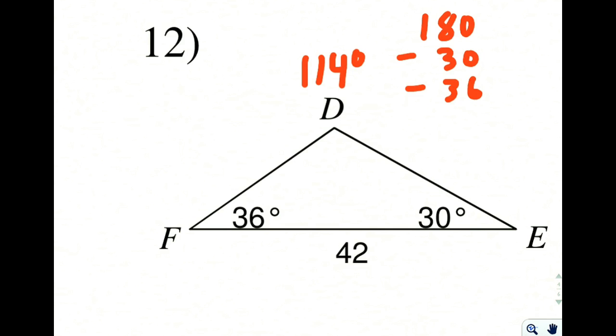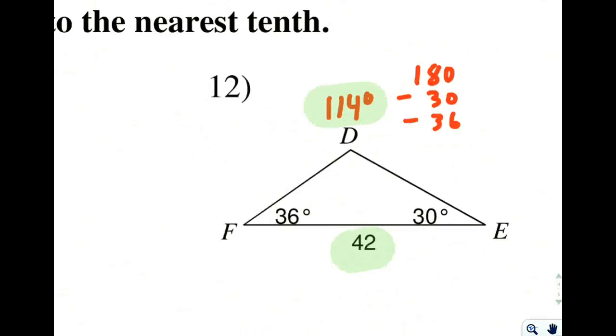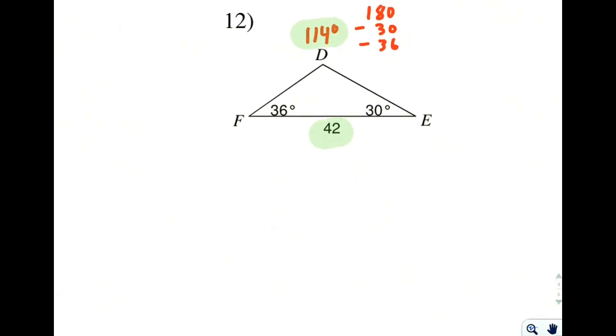Now we need to do our opposite pairs, because we do have this and this across from each other. And so we can use law of sines. And we can say that the sine of 114 degrees over the side length of 42 is equal to any other pair that we choose.